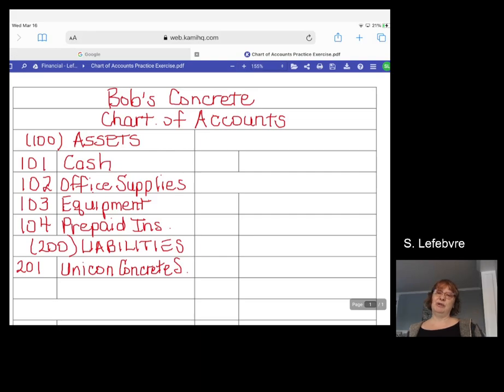You will have more room because you're not working under these kind of conditions. You could write it all out there. And then our second liability account, so still in the 200s, and to show it's the second one, we'll just label it 202, and that would be home hardware.